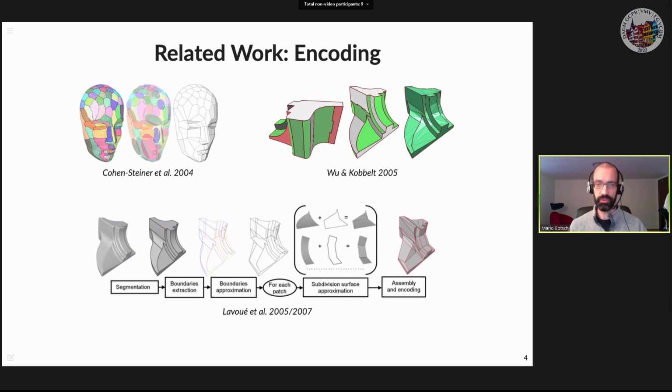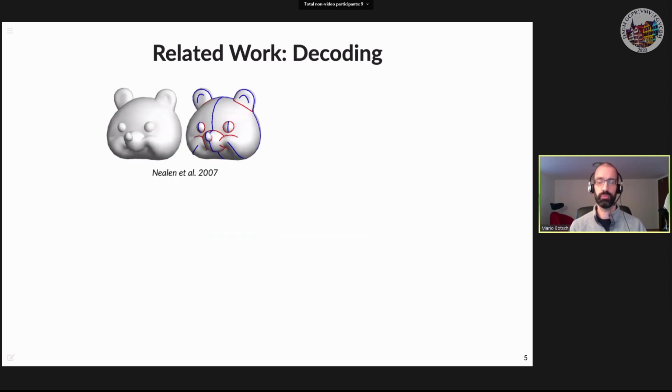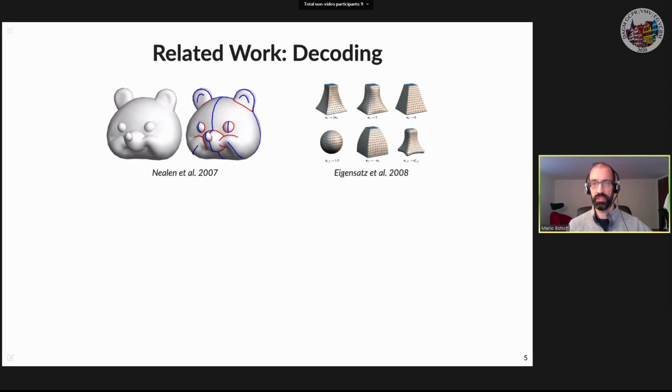Now for the decoding phase, what we have to do is optimize vertex positions such that the resulting curvature meets the curvature that we had in the beginning. Here we make use of the fiber mesh approach of Andrew Nealen and colleagues, not their modeling metaphor, but their optimization, also the curvature-based processing of Michael Eigensatz and colleagues.